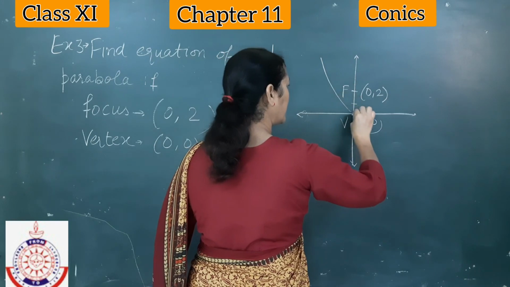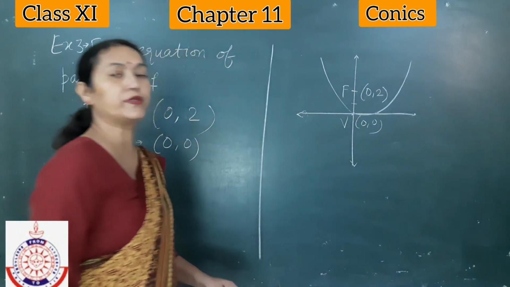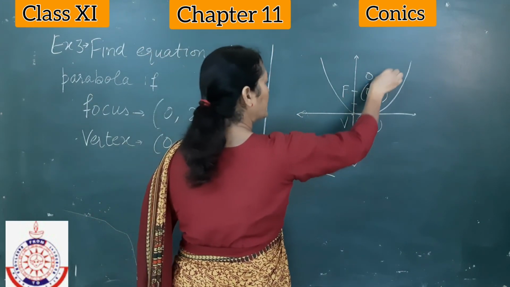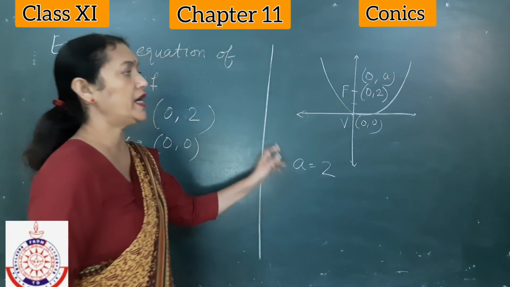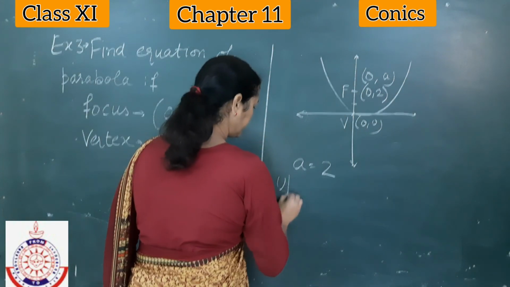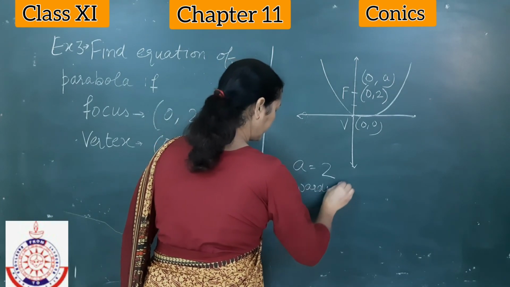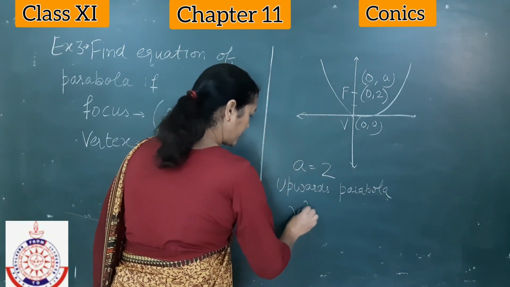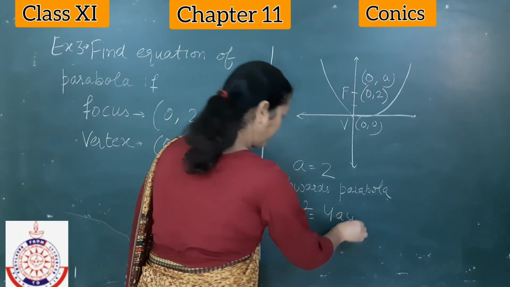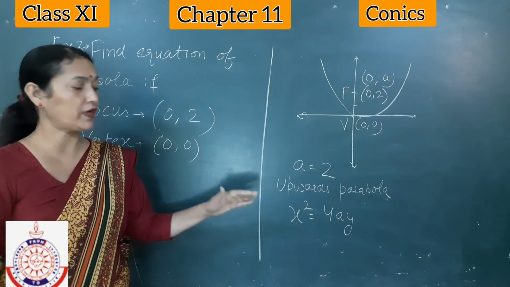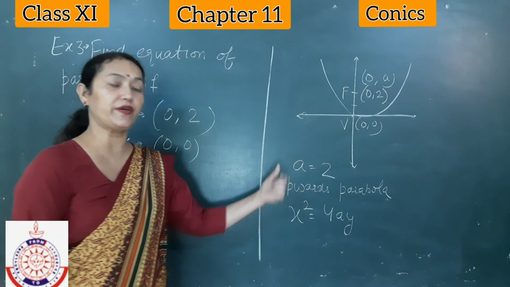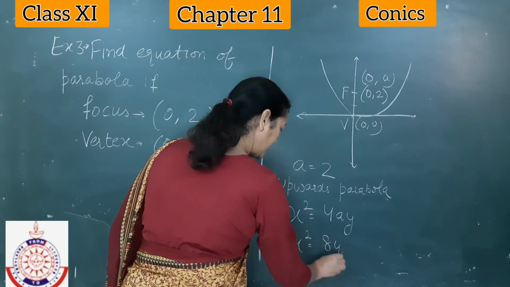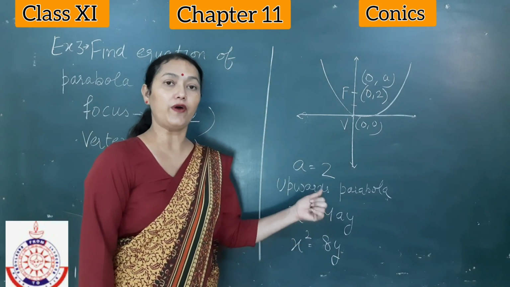It is an upward parabola, where the value of a is 2, because we have focus as (0, 2). For an upward parabola, we know that the equation is x square equals 4ay. For a downward parabola it is minus 4ay. A is 2, so it will be x square equals 8y. So this will be the equation of the upward parabola.